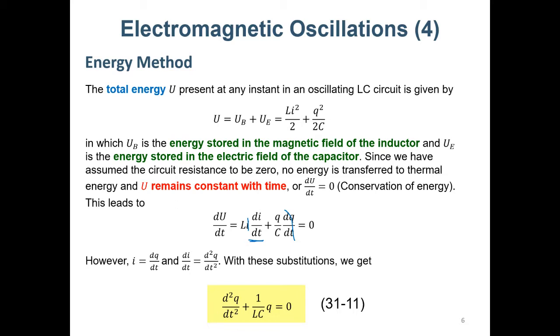So this one is this one, and we have q over c, and then we multiply by L, so that we have LC here, so that we have this expression, which is a second order ODE.